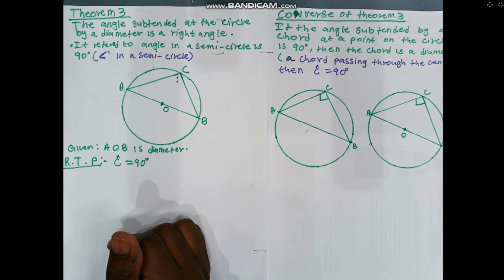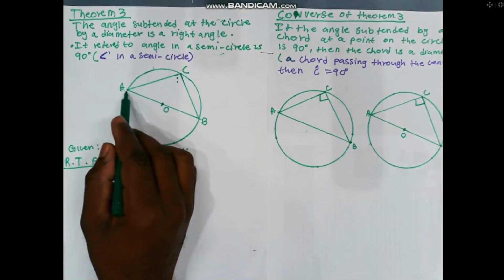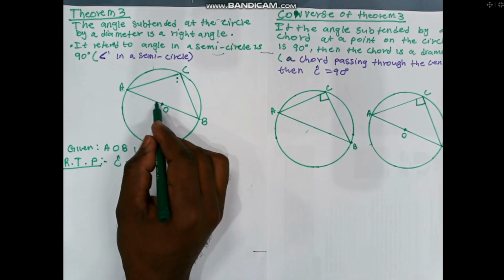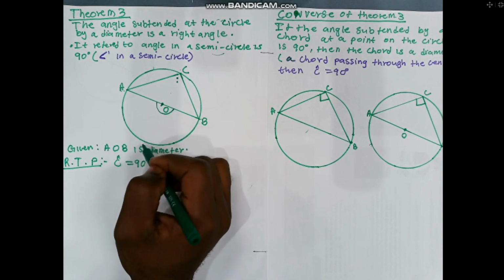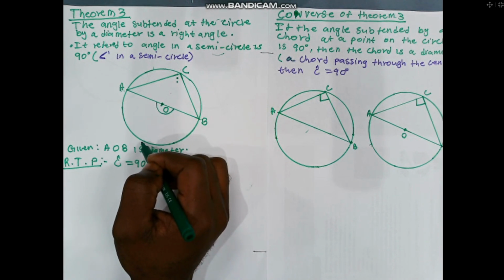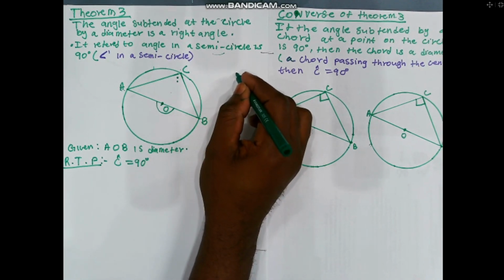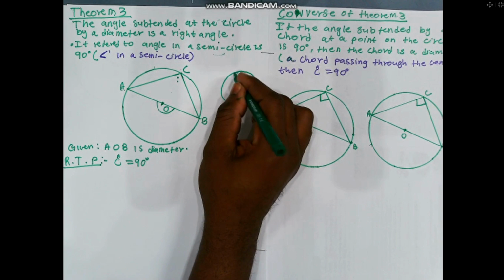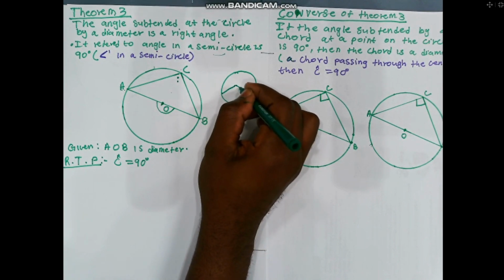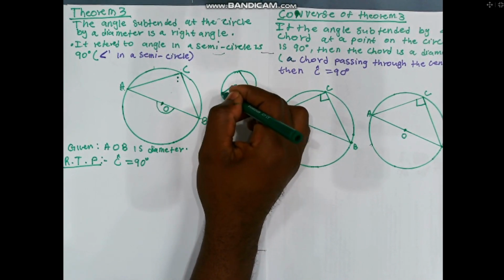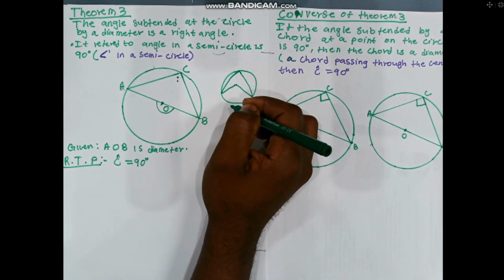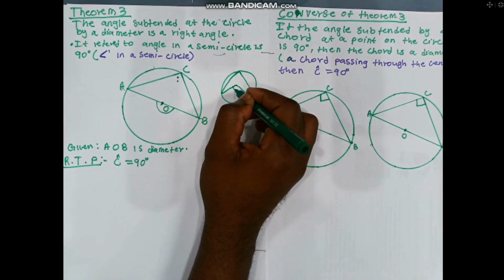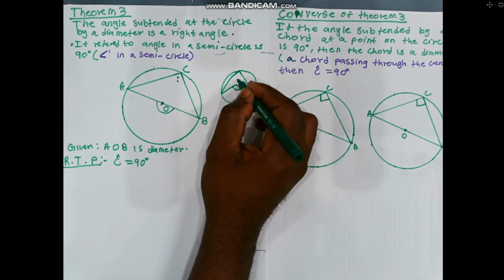Now, from theorem number 2, AOB, this angle here, I hope you still remember, because that one is just like this, where this one here is equal to this one times 2.